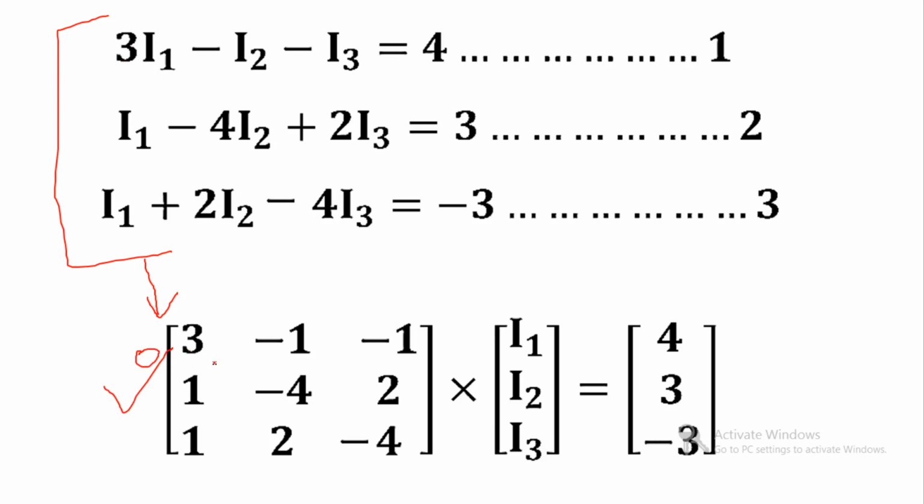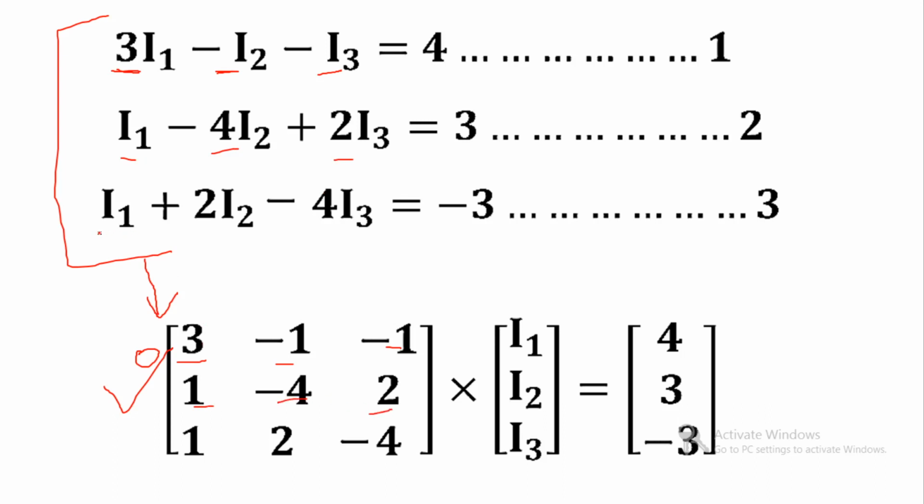This matrix form can be written in this way: each and every coefficient we will write in 3 cross 3 form. In the first equation the coefficients are 3, minus 1, minus 1, so I will write in row form 3, minus 1, minus 1. In the second equation the coefficients are 1, minus 4, plus 2, so I will write 1, minus 4, plus 2.